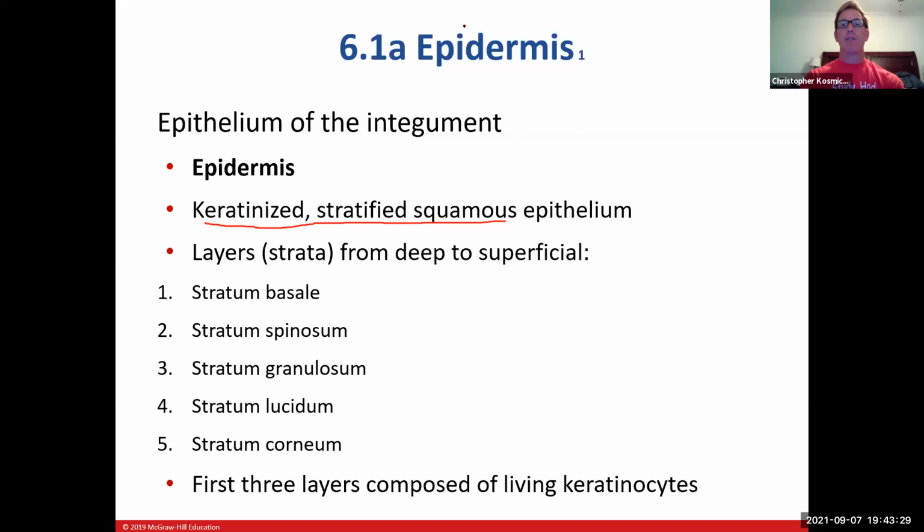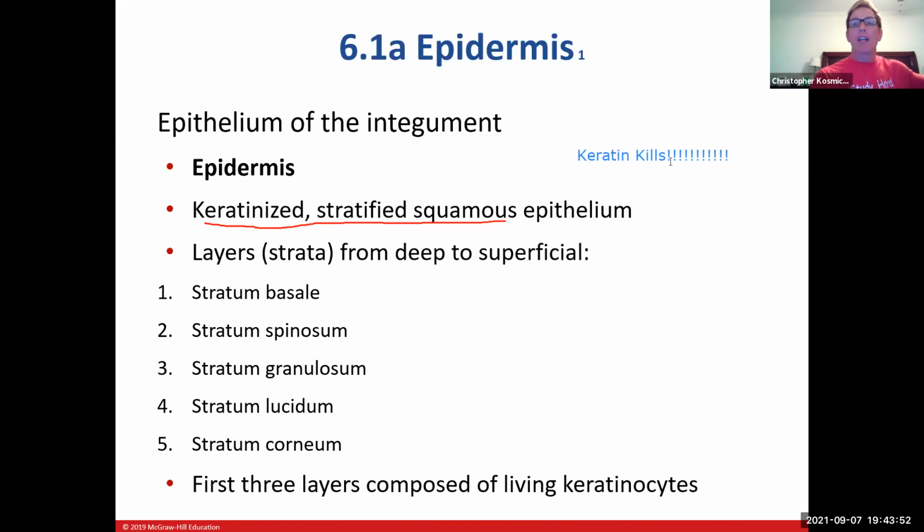Now, there's a term that I've used before with you folks when you've heard the word keratinized, and that is, okay, keratin kills. It does. Keratin is a protein that helps to make the cell stronger, but in doing so, it will kill the cell.